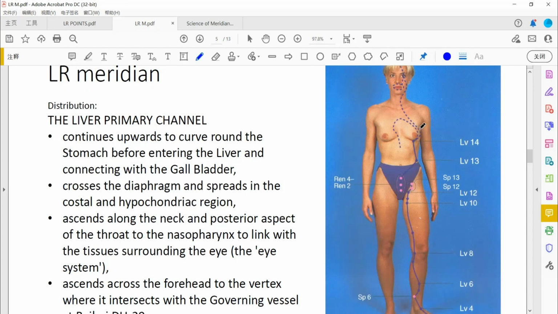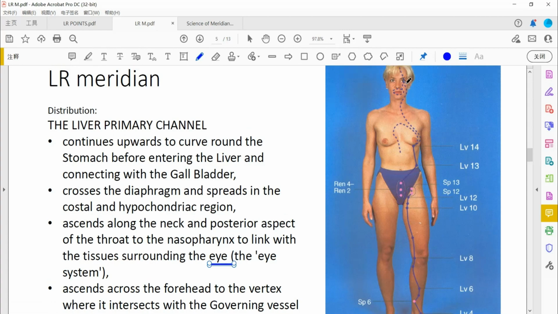It ascends along the neck and the posterior aspect of the throat to the nasopharynx to link with the tissues surrounding the eye. So it goes up and surrounds the eye.